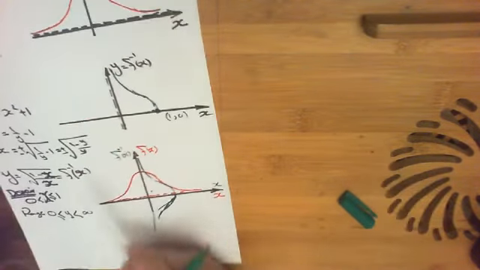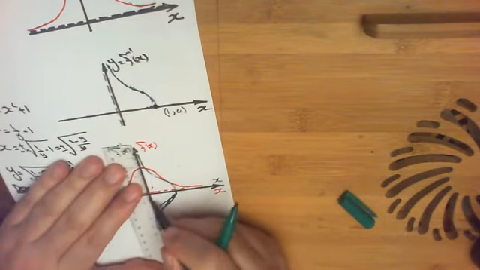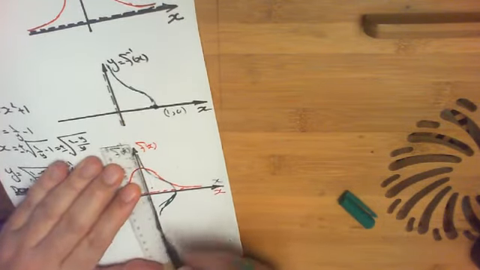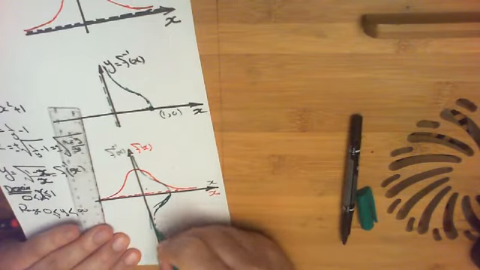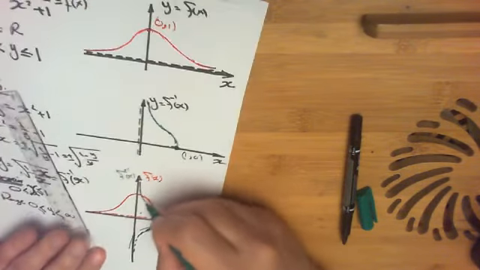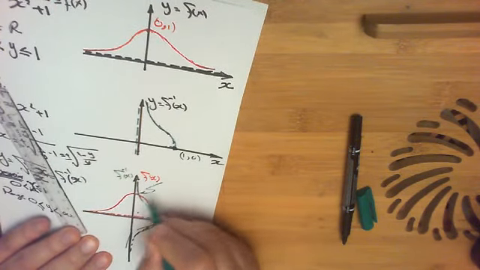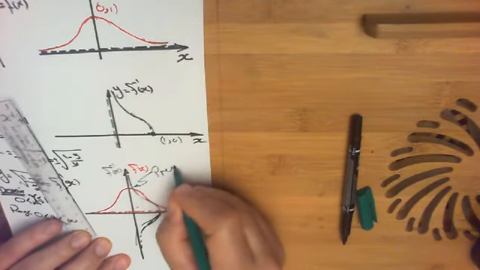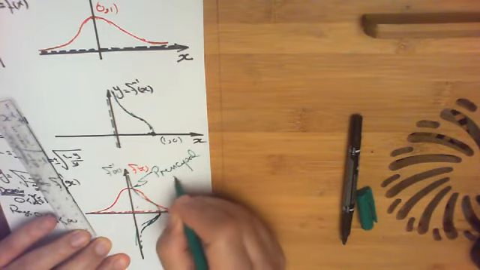We don't complete this part because we take, as we said before, a principal branch. This is our principal branch.